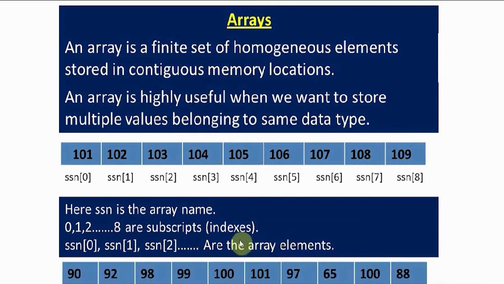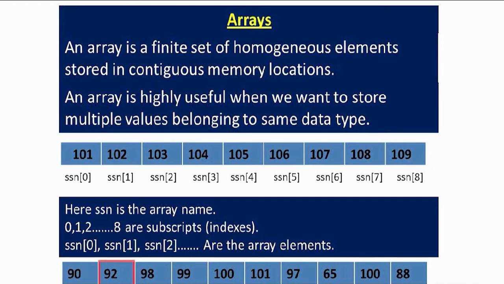Here is another example. Suppose I want to store the scores of 10 students. So I have taken the array name to be SC. It could be anything. SC[0] refers to the first element of the array, that means it refers to the score of the first student.